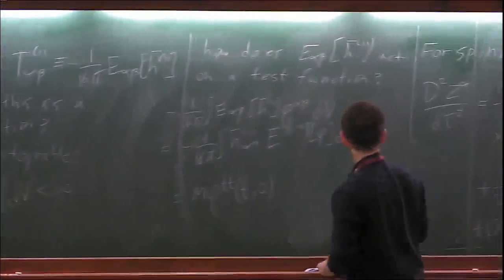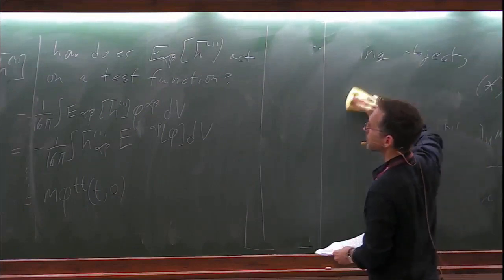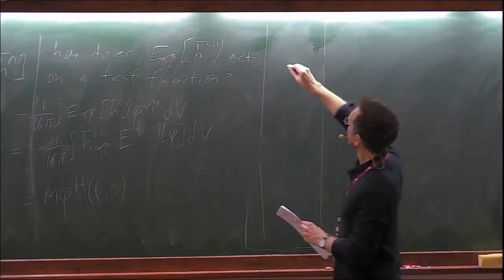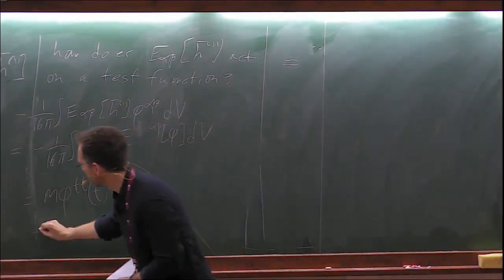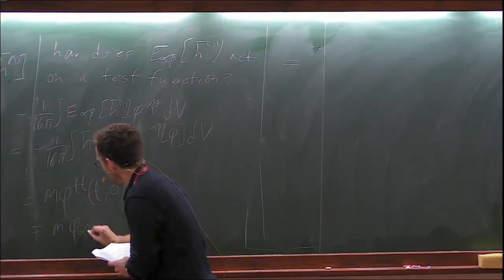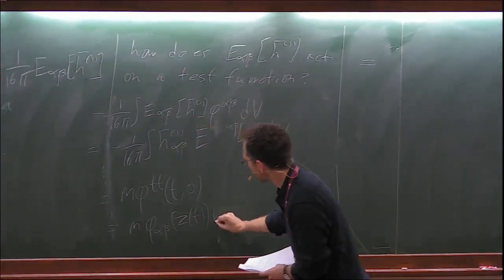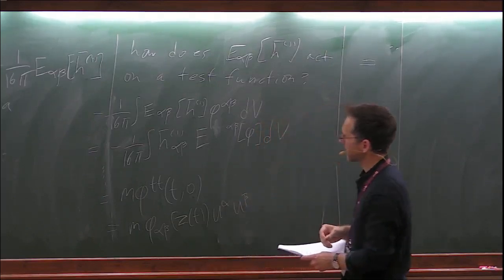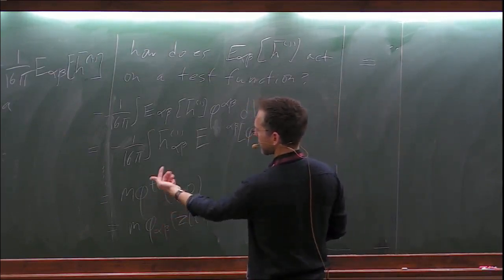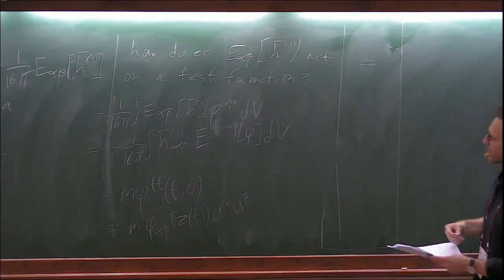But this is exactly what you'd get if you put in a delta function for the stress energy tensor. We write one more line. So this is m phi alpha beta evaluated on the world line at time t, contracted into u alpha, u beta. So u alpha, u beta just picks out the tt component, and then on the world line, I can just raise the indices with the Minkowski metric, and so tt just moves up and down like that.